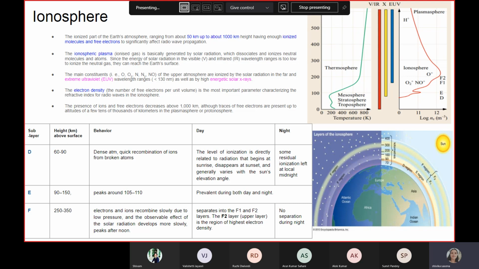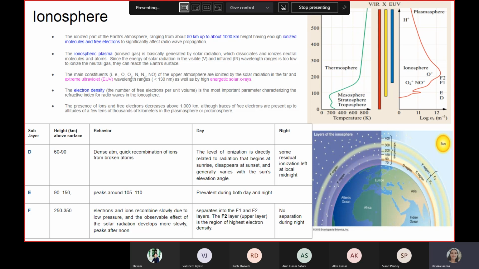You can see the different lengths of these three colored bars. Red is the longest, then yellow, and then this blue one. What does this mean? This means the height up to which these wavelengths are affecting the atmosphere.